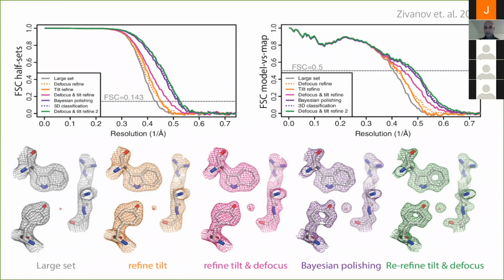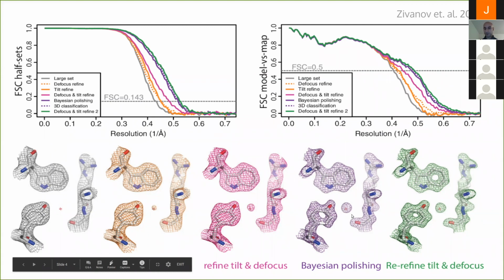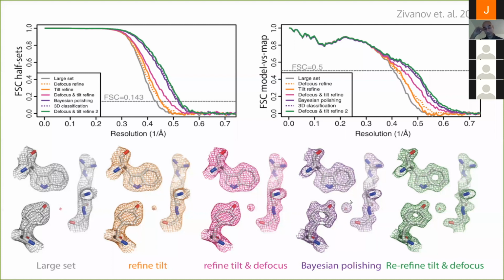Some of them address the limitations in the microscope physics, whereas others, like Bayesian polishing, address computational limitations, like the fact that motion correction doesn't go all the way, and you can actually improve on the motion correction results.